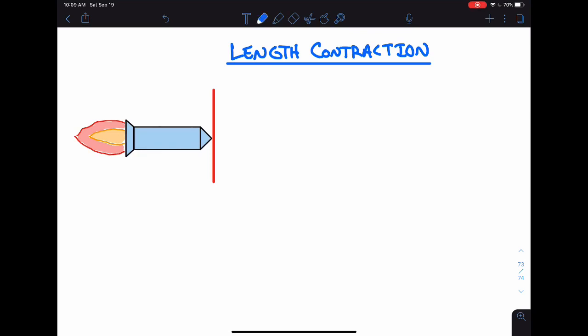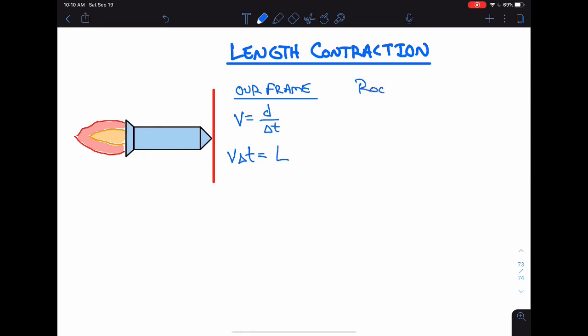So from our frame, we're watching this. We know that V equals D over delta T. Delta T is how long the beam was broken. V is how fast the rocket's moving, the speed of the rocket. V delta T is going to equal the length of the rocket. But what about from the rocket's frame?